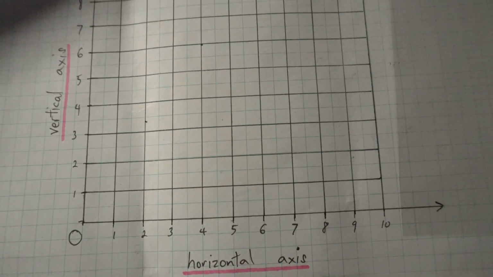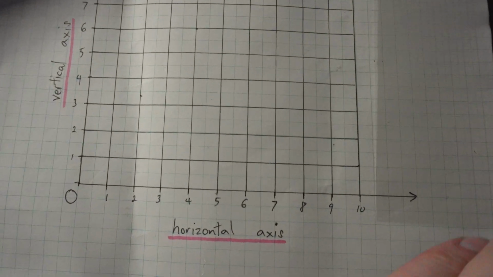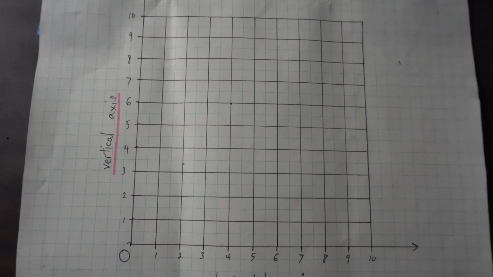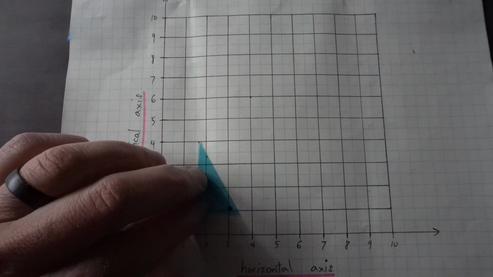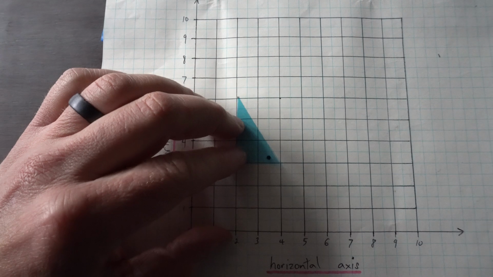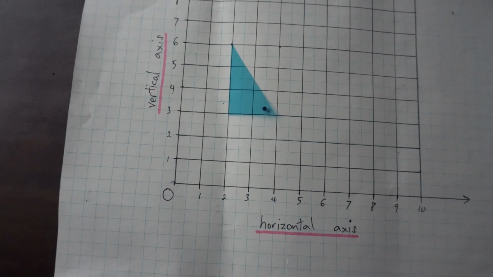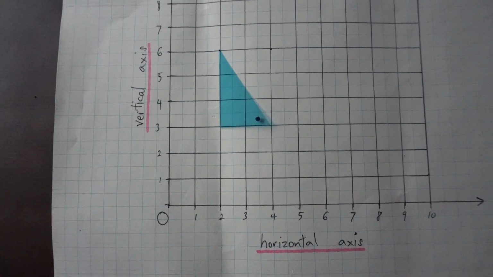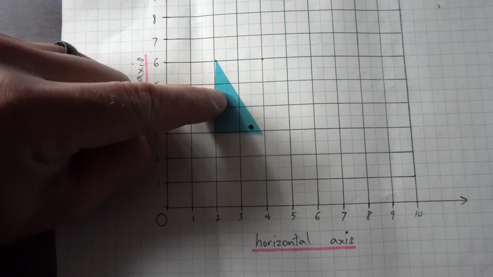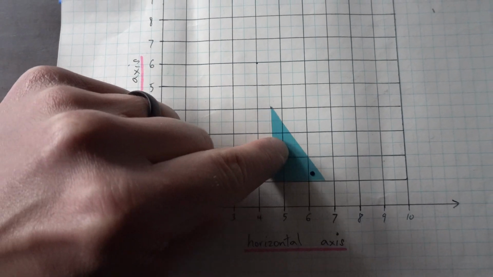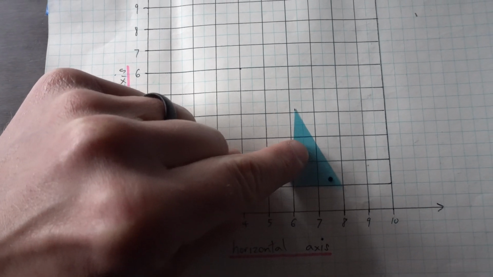So if I look at my beautiful coordinate grid over here, so pretty, a little bit wrinkly though, and I place this shape right about here. If I want to go 2 down and 4 right, it would be like this, and then 1, 2, 3, 4.